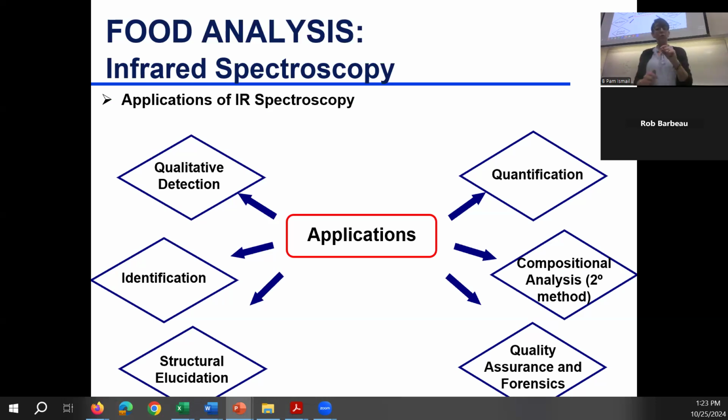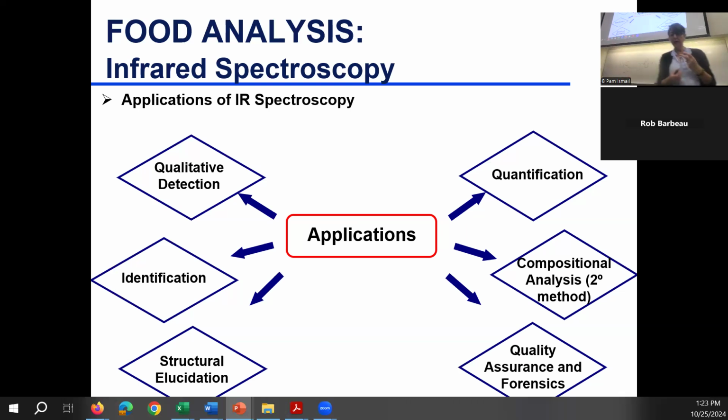It's very important for structural elucidation because what happens here is you're measuring vibrational energy of functional groups. So you would have a molecule that has multiple functional groups, and you will be measuring vibrational energy at different wavelengths or wave numbers so that you get an idea of the entire molecule.